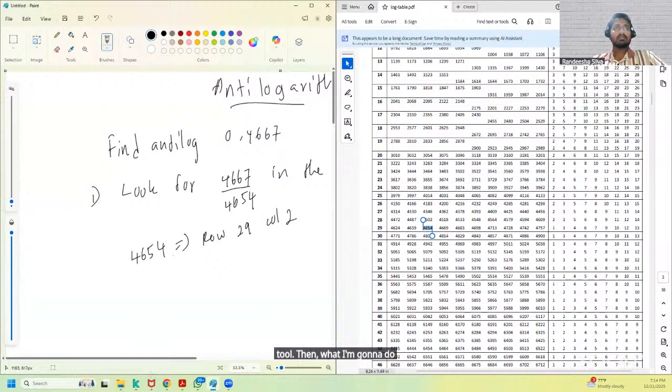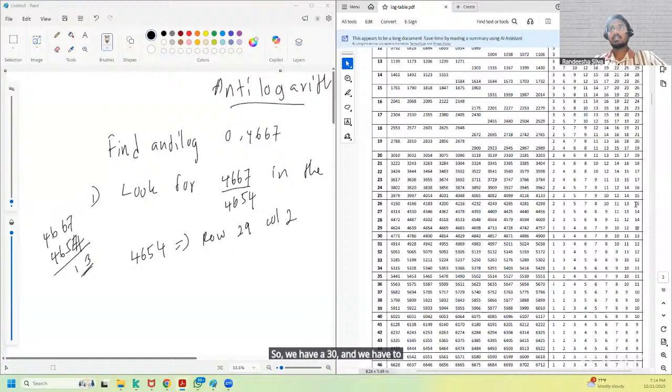What is the difference here? We want 4667, but we got only 4654. The difference is 13, so we have to go for the 13 here.